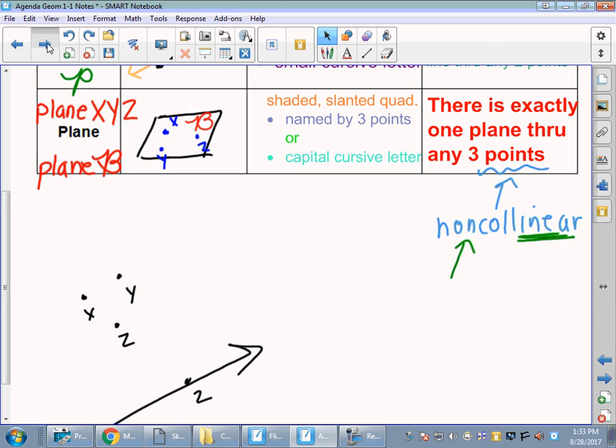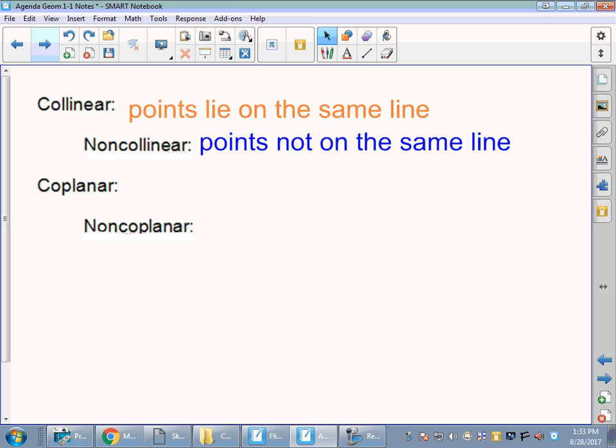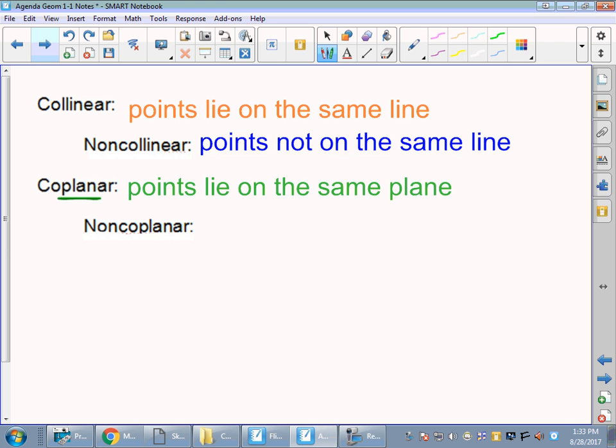On the same note, collinear means the points lie on the same line. And you probably remember from 5 seconds ago, non-collinear points are not on the same line. Coplanar, root word, plane, right? So coplanar points are points that lie on the same plane. Non-coplanar, not on the same plane.